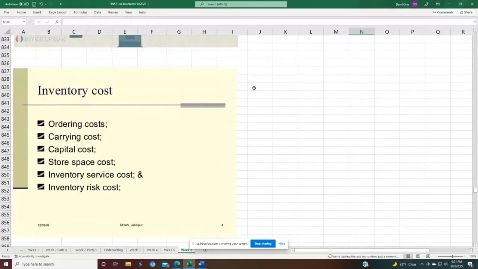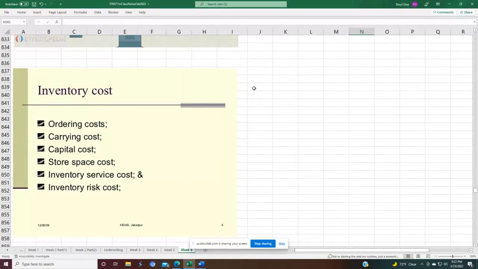Here's a little bit finer breakdown of the inventory costs. You're going to have your ordering costs, carrying costs, capital costs, storage space costs. Those are mostly the warehousing costs, inventory service costs, and inventory risk costs. And inventory risk cost basically is the cost or the probability of a stock out.